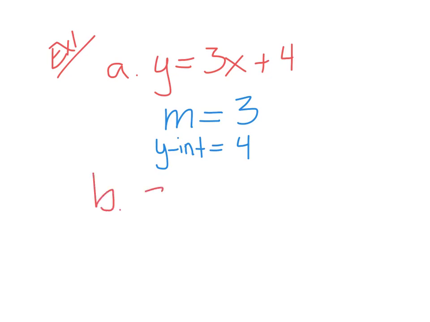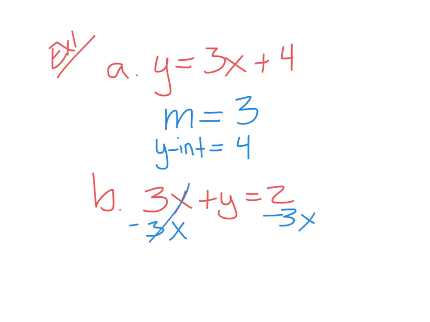So B, we have 3x plus y equals 2. Is this in slope-intercept form? No, so we need to do that first. How do we get the y by itself? Subtract the 3x. So then I'm left with y equals negative 3x plus 2.